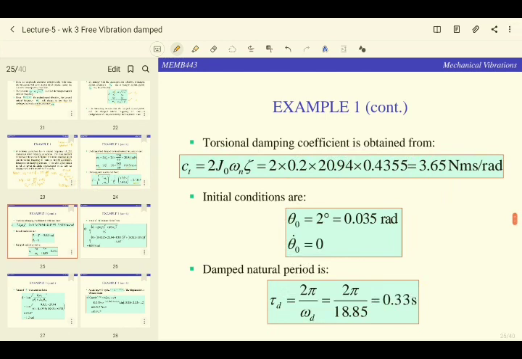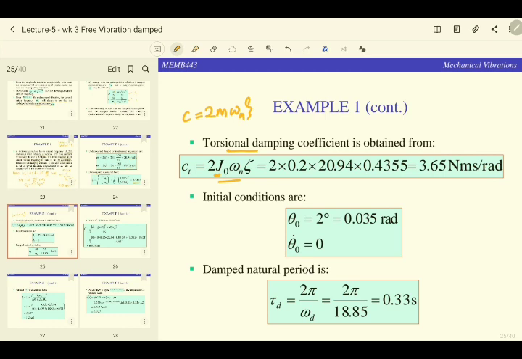So you can calculate the torsional damping coefficient. How do we get this equation? If you remember, we have it in the previous slide. C is equal to 2m omega n zeta. If it's torsional, then instead of m, you use J naught.